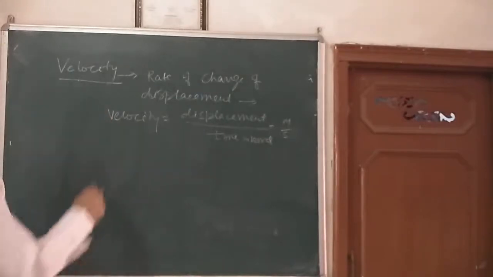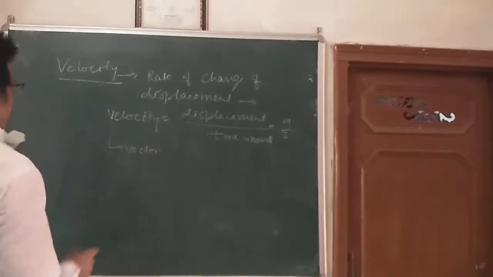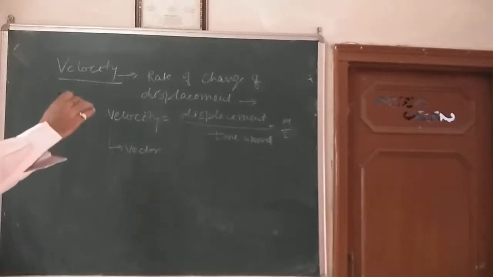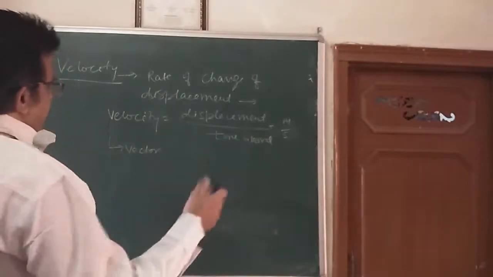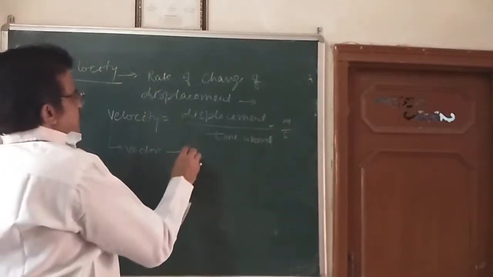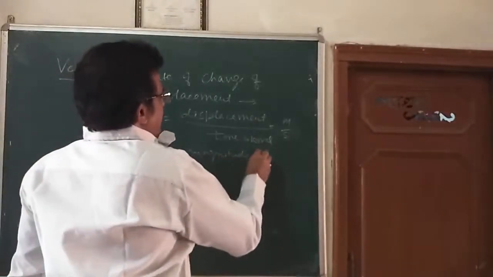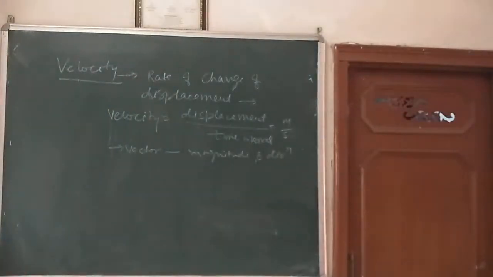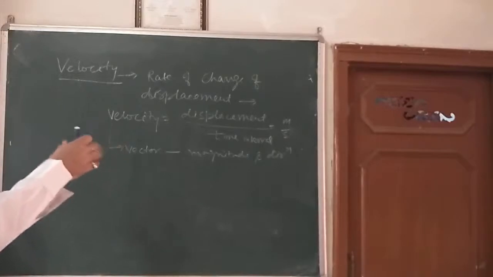Velocity is a vector quantity because it has both magnitude, that is speed, and direction.